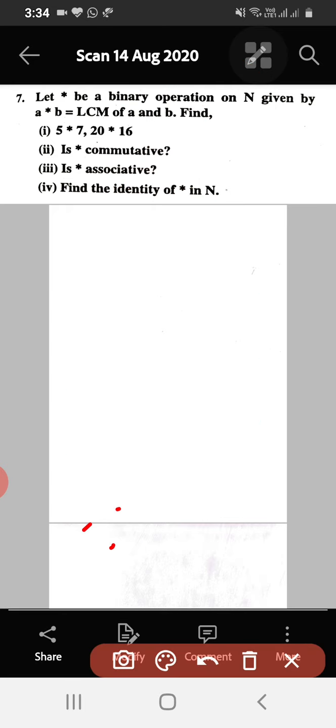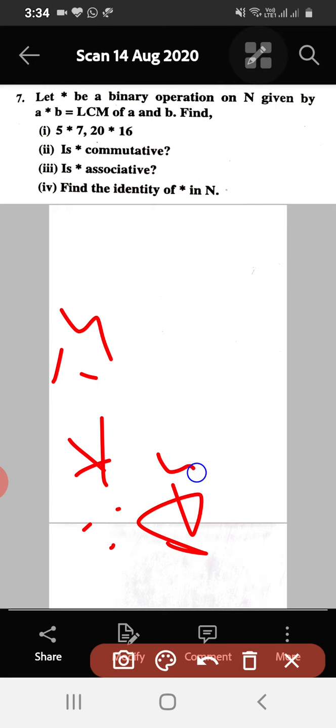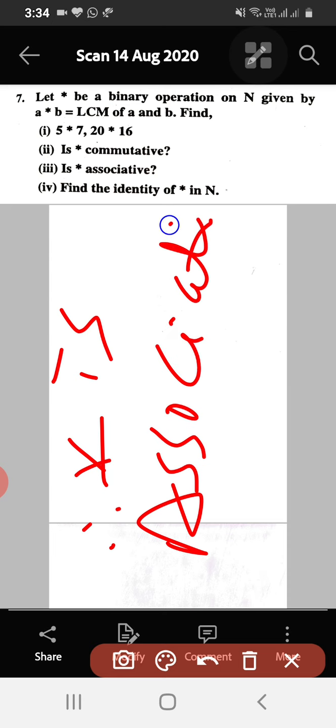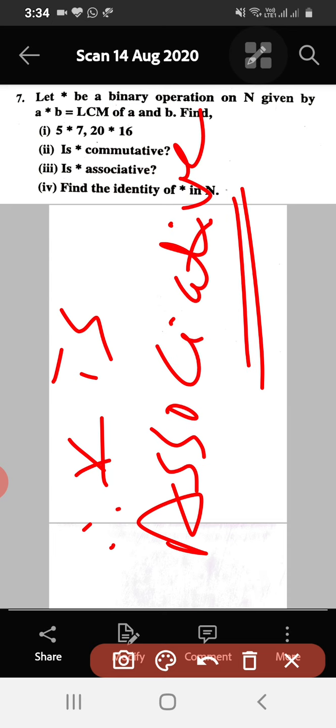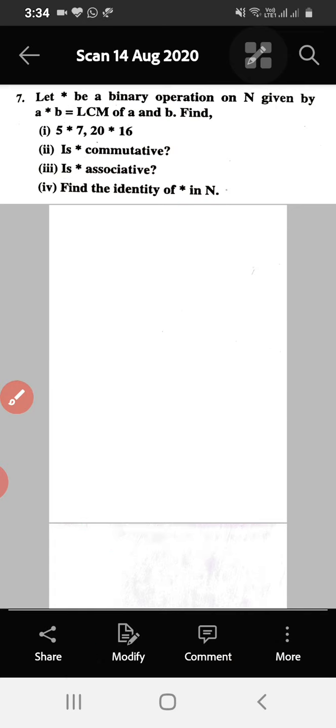Therefore, star is associative. See, the third one is over. Star is associative.